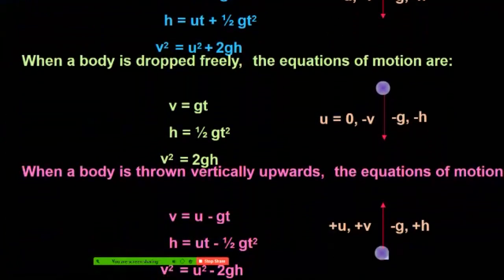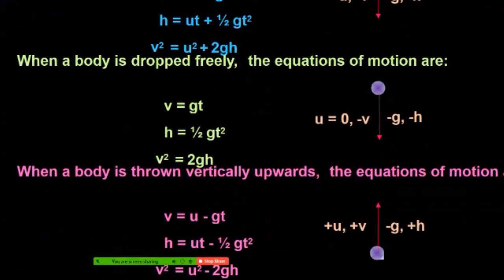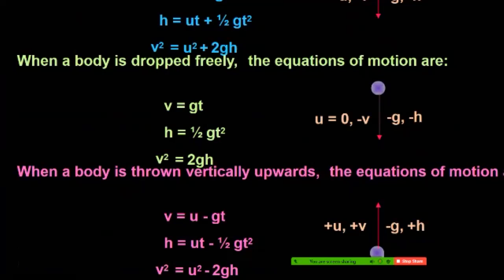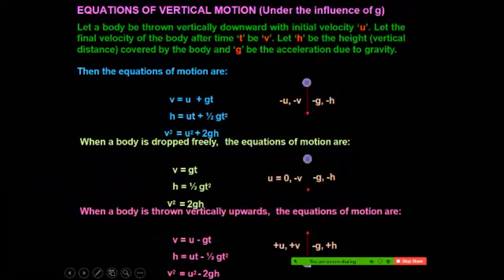When the body is thrown vertically upward, the equations of motion are v is equal to u minus gt, h is equal to ut minus half gt square, and v square is equal to u square minus 2gh. So this is basically the equations.